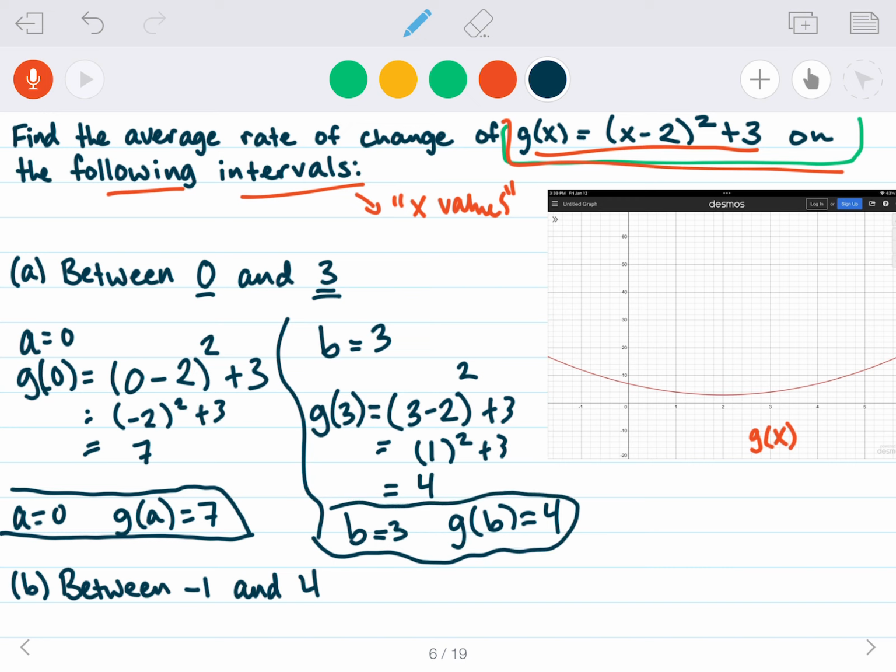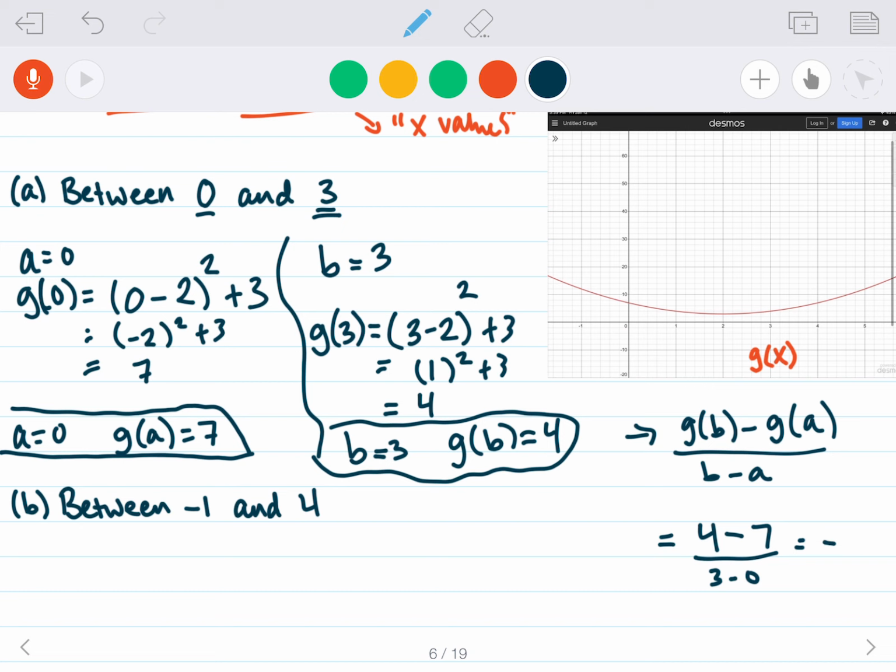All right, so now that we have this stuff, we're just going to plug this into our formula. Now, instead of f of b, we're using g of b because that's what my function's name is. So we have g of b minus g of a divided by b minus a. So g of b is 4 minus g of a is 7 over b minus a, so 3 minus 0.